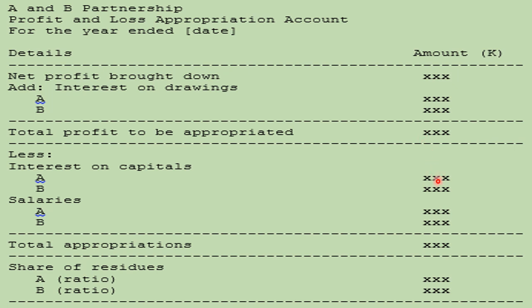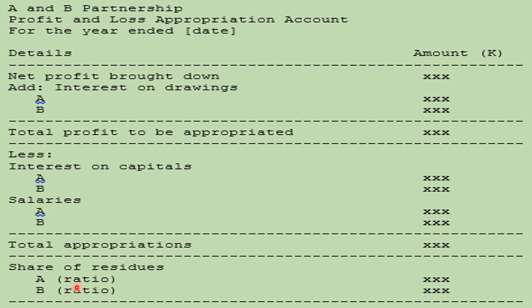So for partner A, for partner B. Also the salaries, the business is giving away money, so these are expenses which must also be removed. The total appropriations are going to be written here. That is the profit from here, subtracting the interest on capitals and salaries. Then you're going to have this.